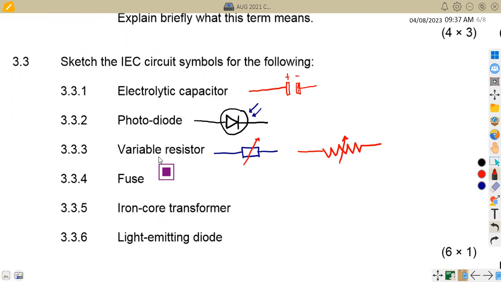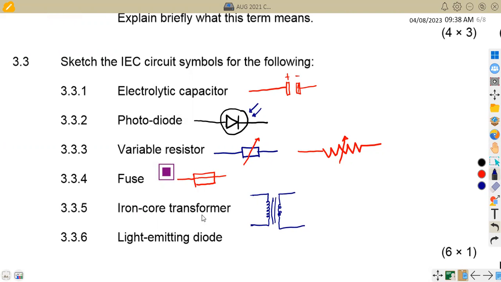Okay, a fuse. For a fuse, you can draw a normal rectangle like this, with a line passing through it. That's a fuse. All right, an iron core transformer. A transformer is all about the turns in the primary and also the turns in the secondary like this, and also having the iron core like this.